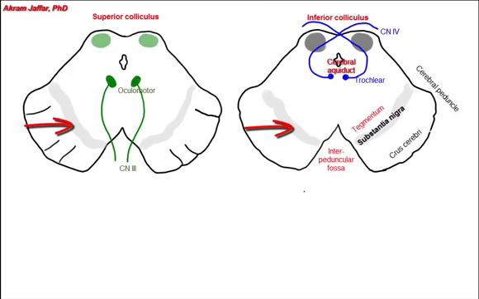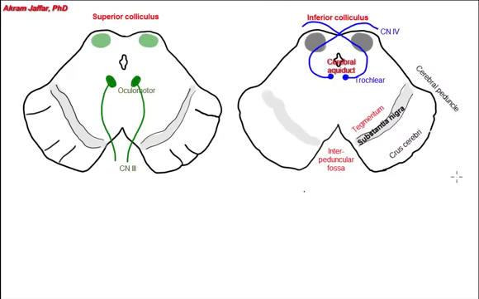It's a pigment containing nuclear area, contains melanin pigment. It has multiple connections, and it is involved with the control of motor activities. Its degeneration is associated with development of Parkinson's disease. Again, I repeat that the substantia nigra is located at the border between the crus cerebri and the tegmentum.